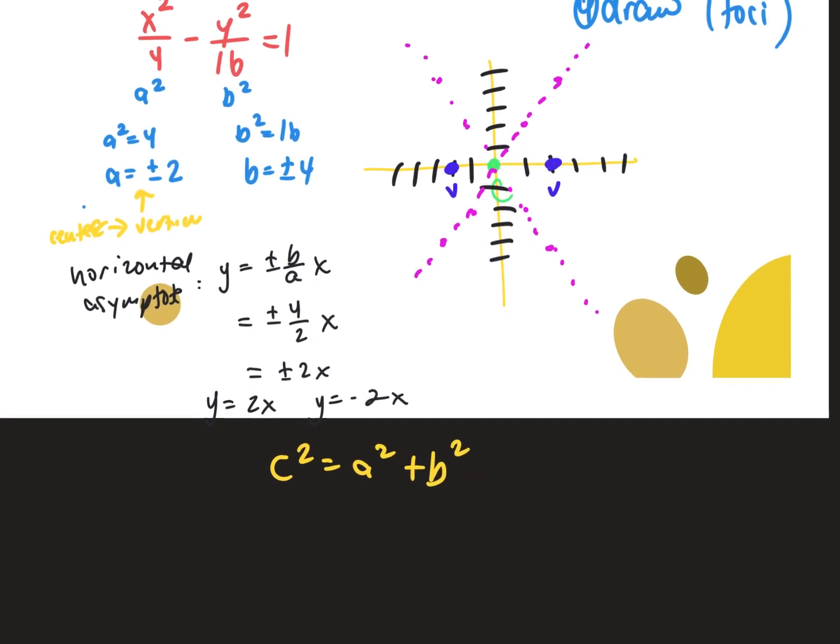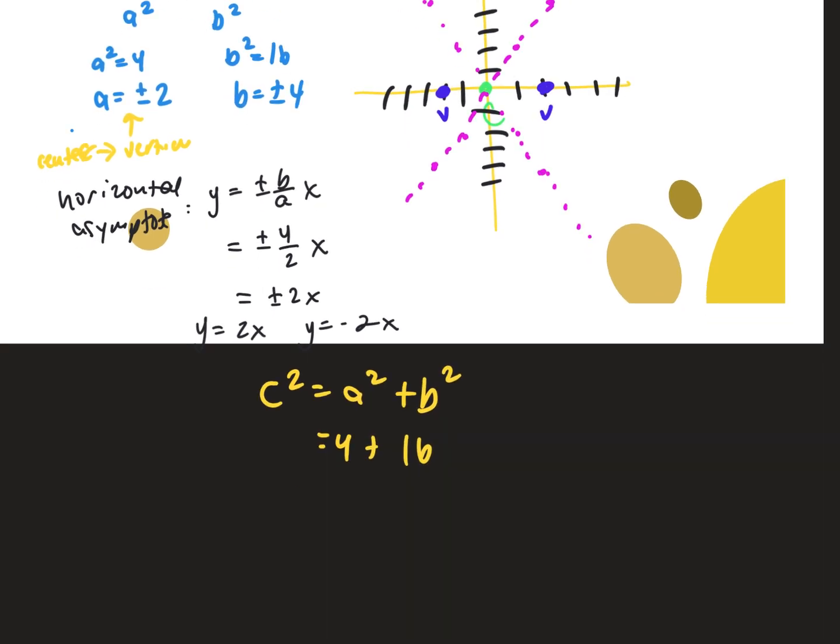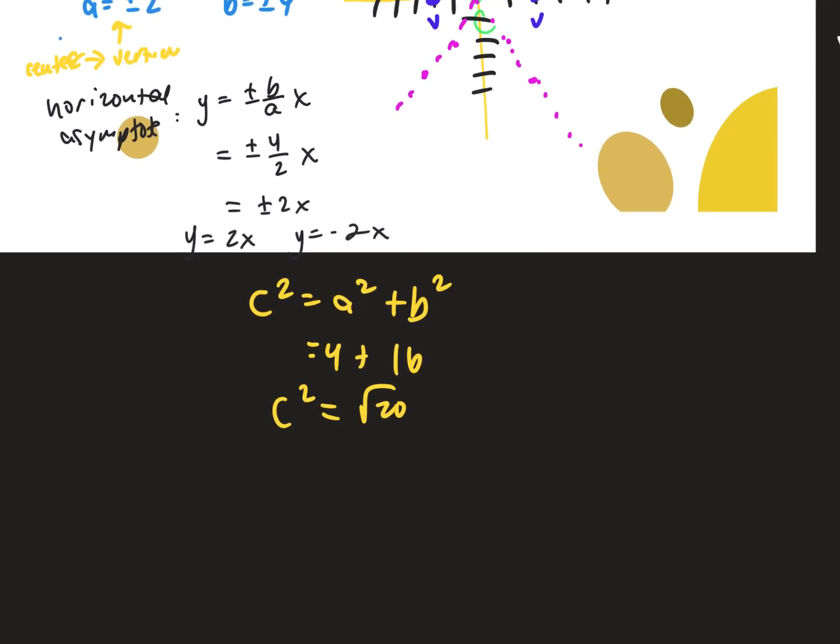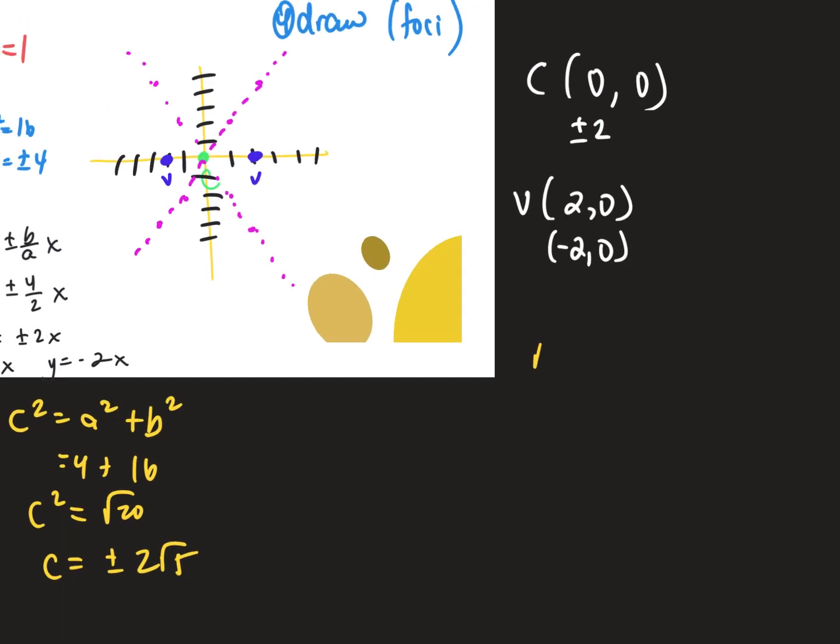Okay, so my A squared is 4 plus B squared is 16. So C squared equals 20, so C equals plus minus 2 root 5. So again, if we're going to find the foci, I'm taking my center of 0, 0, and I'm adding what to what's up?